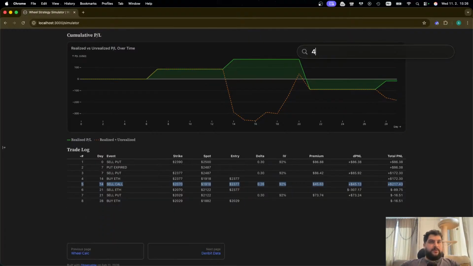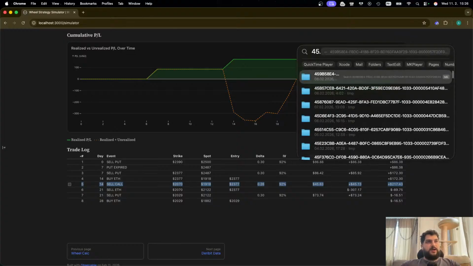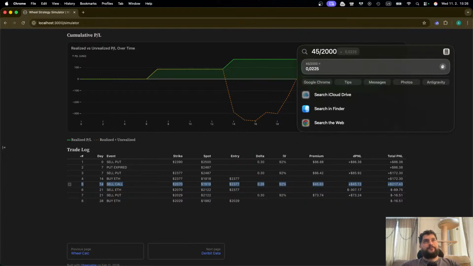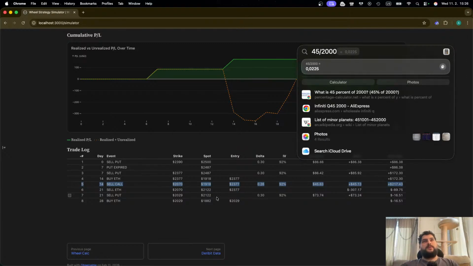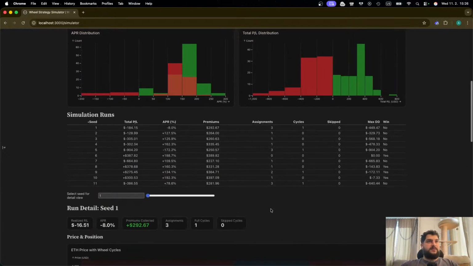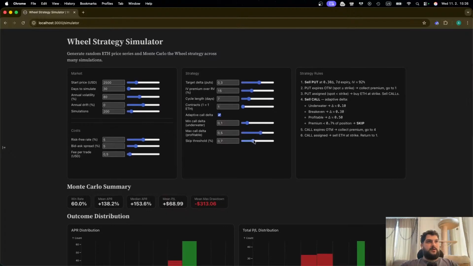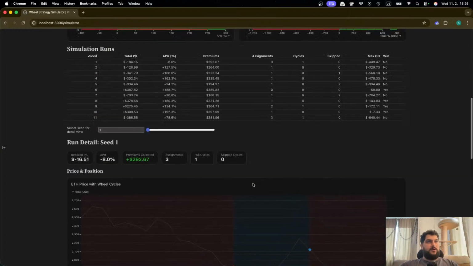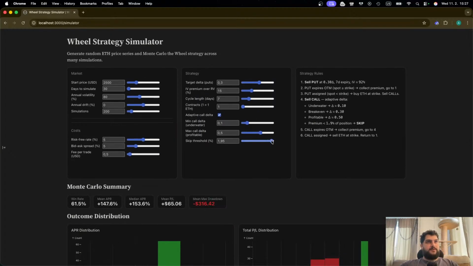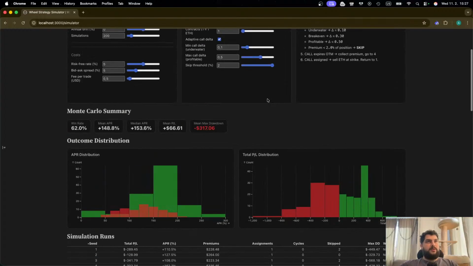Which is $45 based on the Ethereum price, or 2.25%. This is why all the way here it was never excluded, up until the 2 here.